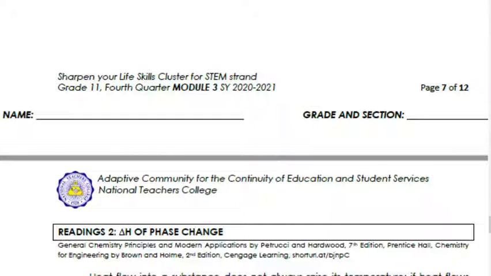As given in this example, an ice cube is at 0 degrees Celsius, and as ice melts, liquid water is still at 0 degrees Celsius. But if heat continues to flow into the resulting water, its temperature will begin to rise.